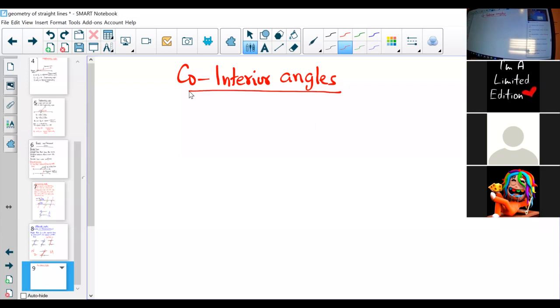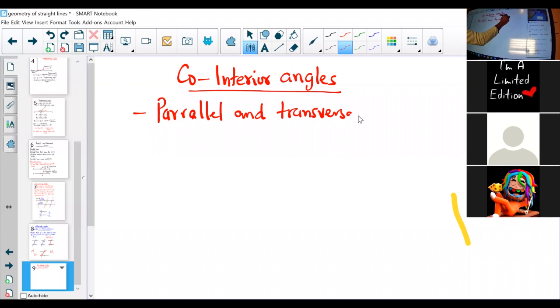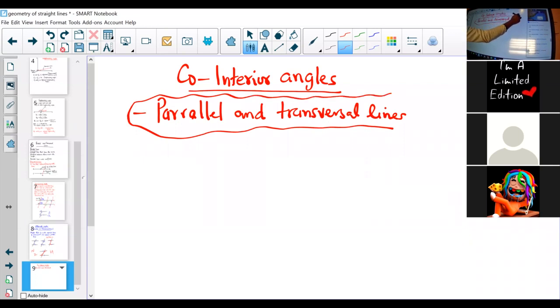Again, remember, when we talk about co-interior angles, the first thing is it must be over parallel lines and a transversal line. So these ones here are non-negotiable. Parallel lines and transversal lines must be there.